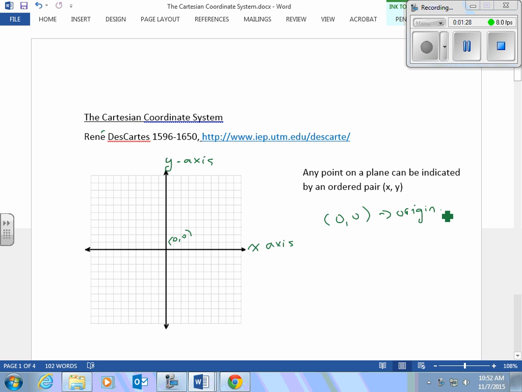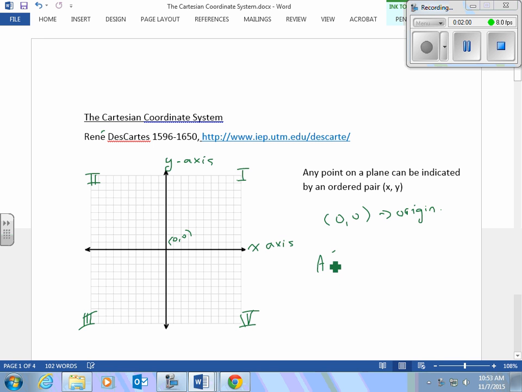The whole system is split into 4 quadrants, and we use Roman numerals to indicate them: quadrant 1, quadrant 2, quadrant 3, and quadrant 4. When we use ordered pairs to indicate points, the first one is always the x, the horizontal axis, and the second one is always the vertical one.